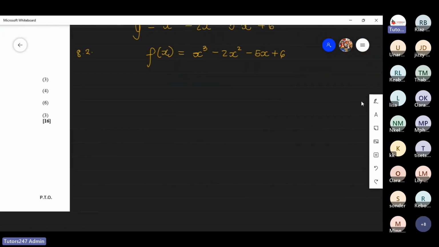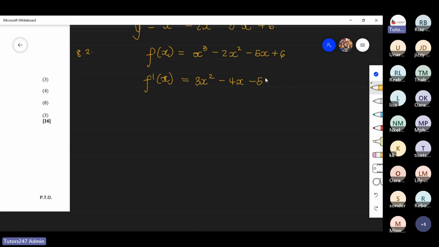So step number 1, we need to derive. f prime of x gives us 3x squared minus 4x minus 5. That is the first derivative of f.